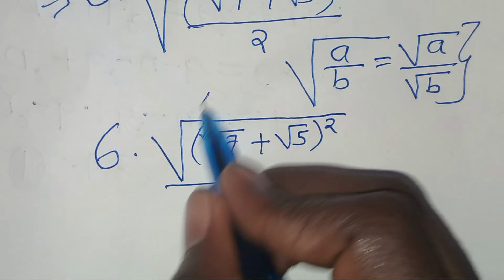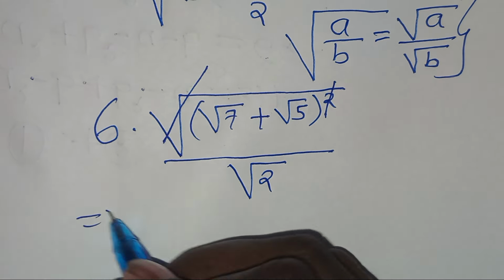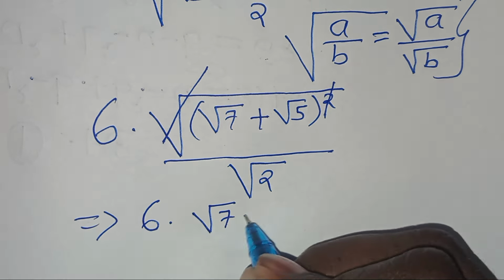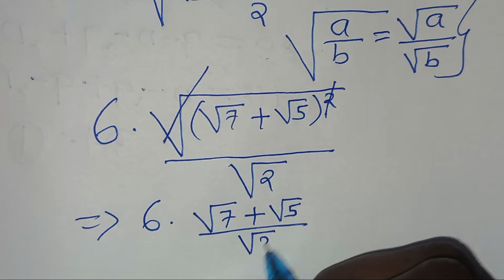So let's eliminate the square root sign here in the numerator so that we have 6 multiplied by square root of 7 plus square root of 5 divided by square root of 2.